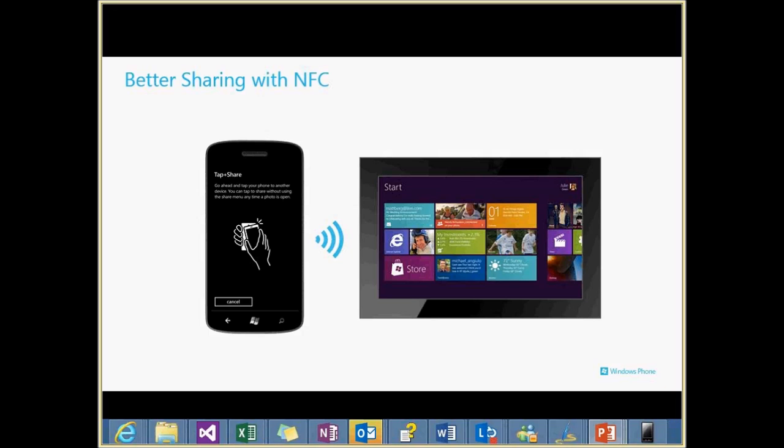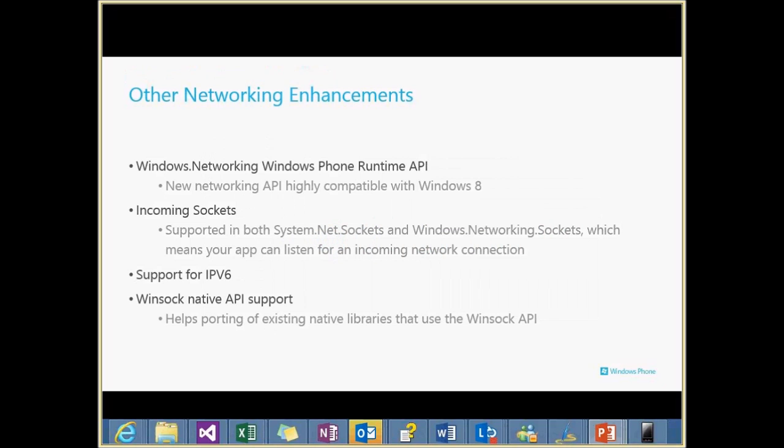Simply tap the phone and then you can share whatever you want. It's a new technology, a very good thing. It's really growing, and I believe that we can do a lot of stuff with NFC, and we'll have a session for that.